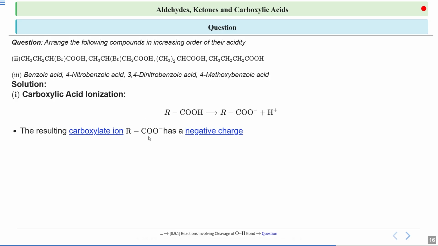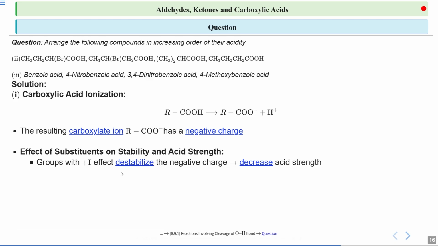This negative charge is crucial because the stability of this ion affects the acidic strength. The more stable the carboxylate ion, the stronger the acid. So we will see the effects of substituents on stability and acidic strength.